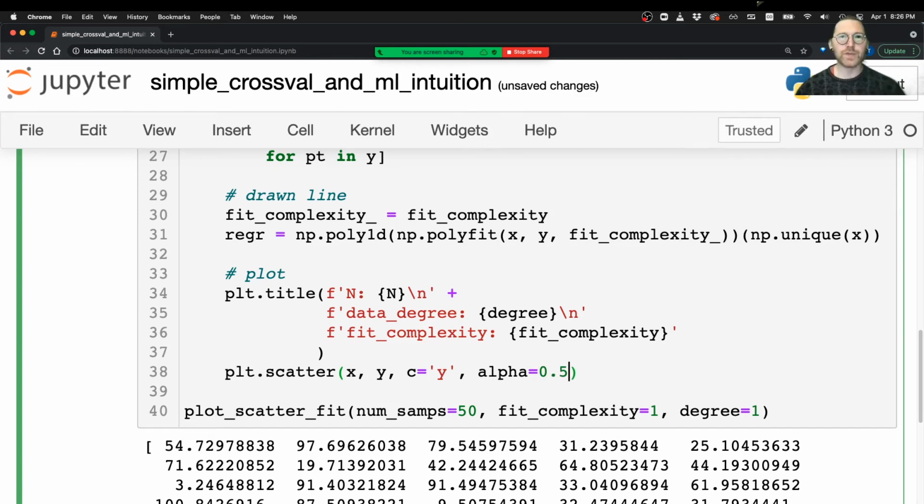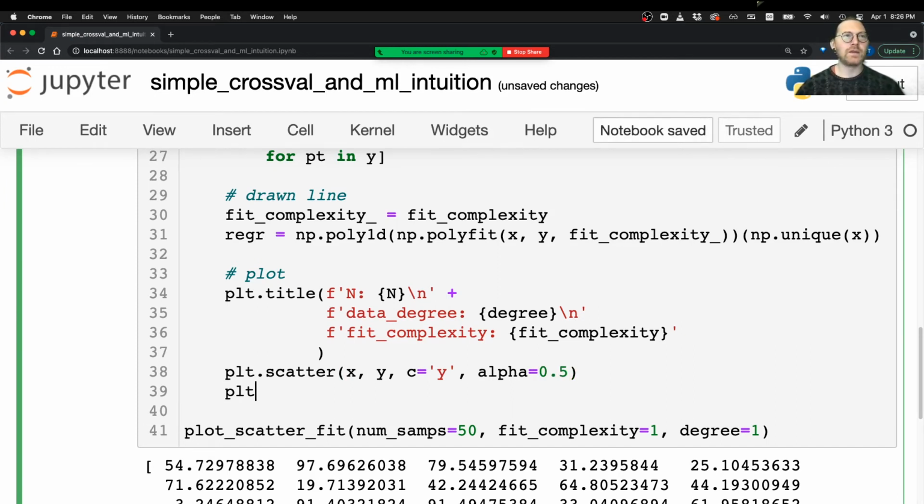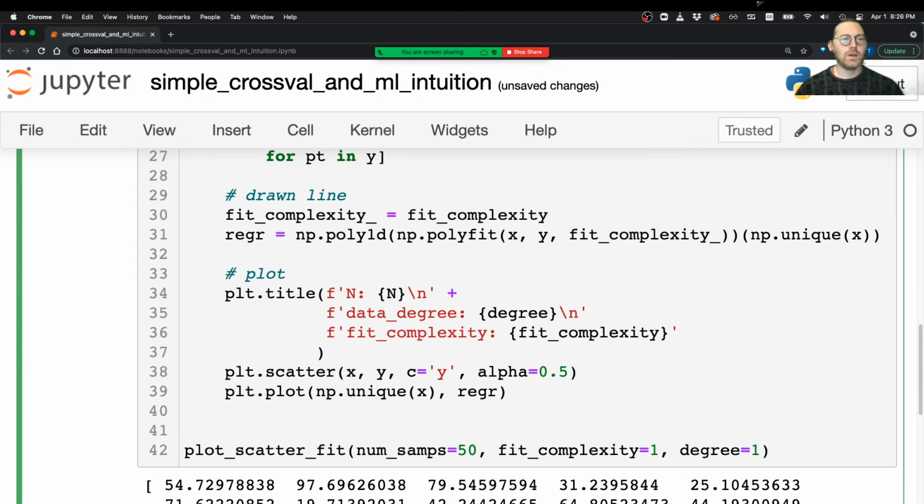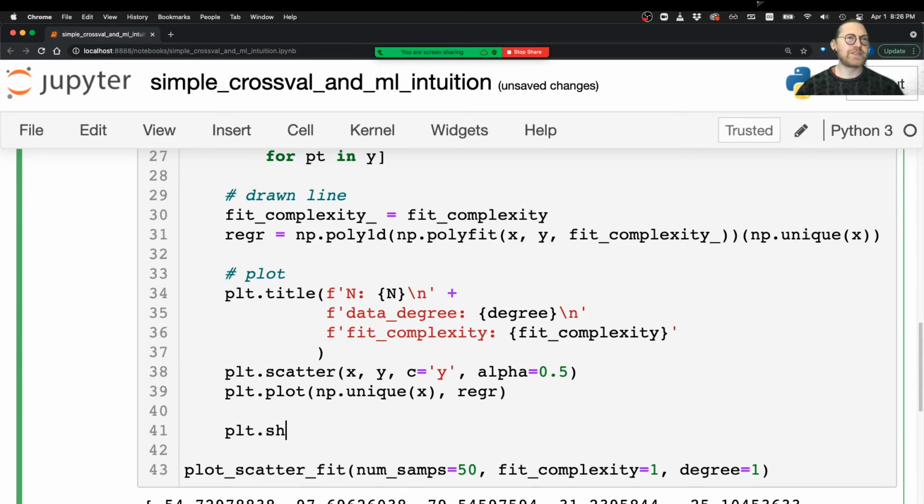And then I'm going to plot that regression line against x. And then this is just to show it. So let's see if that works. Oops, I need parentheses there.